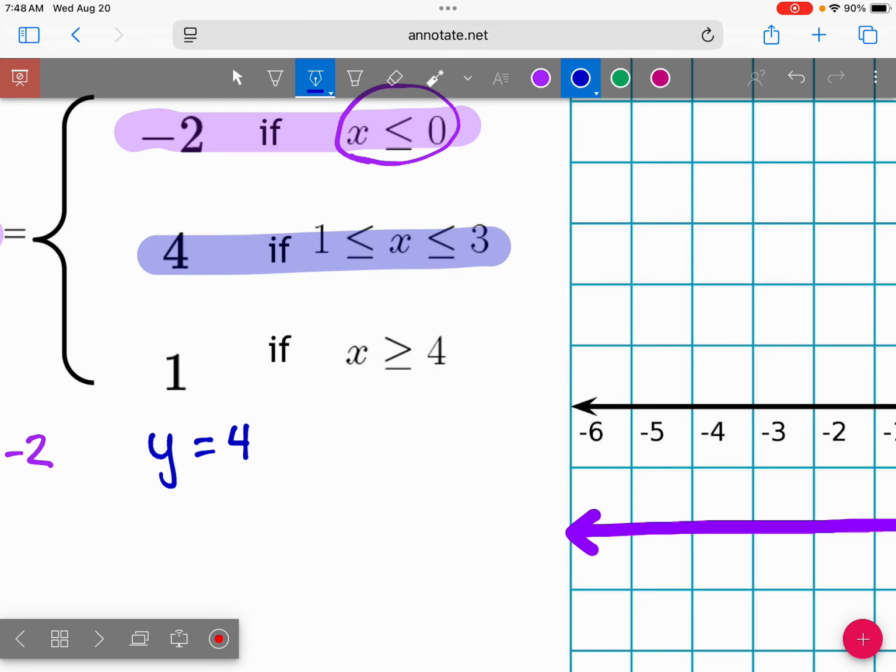If I wanted to draw the whole line, it would be this whole thing over here, all the way across. But it's not the whole line, because it would no longer be a function. And we need it to stay a function. So we've got to only go between 1 and 3. So it's just going to be this little piece of it that goes right here, on 4, between 1 and 3.